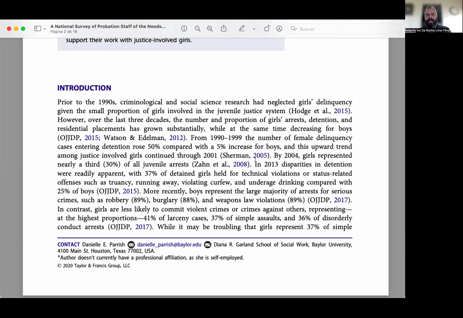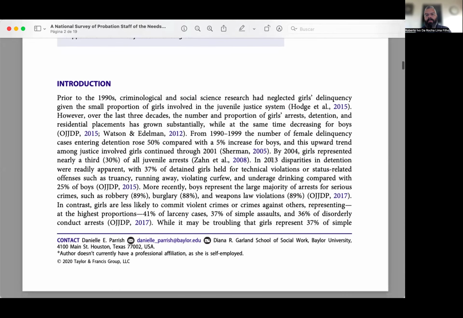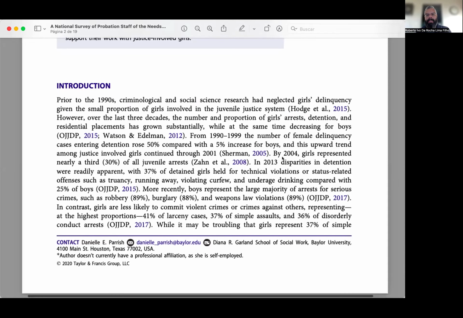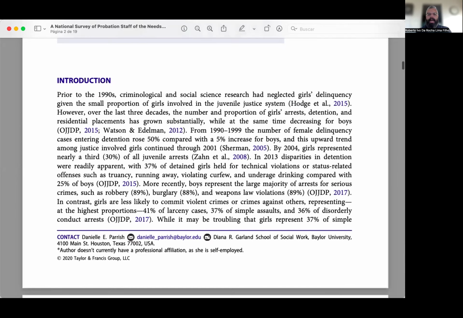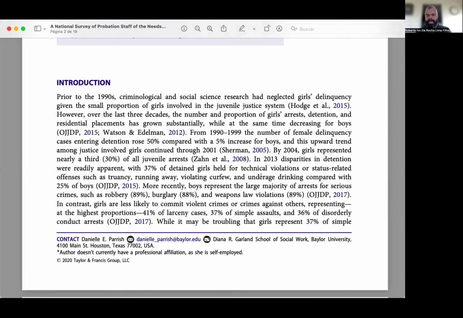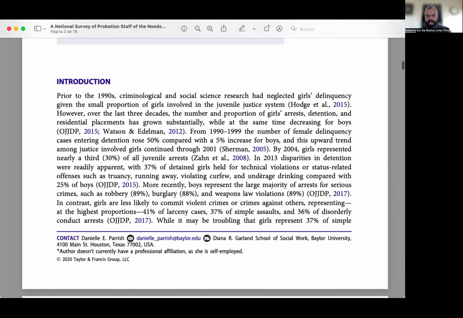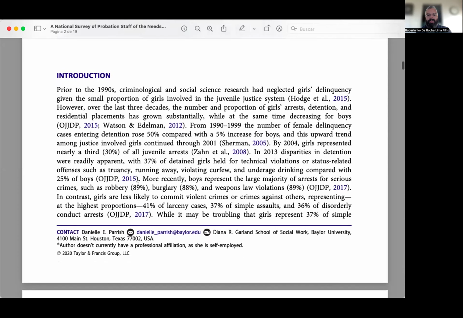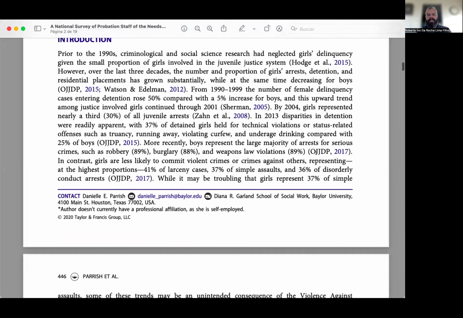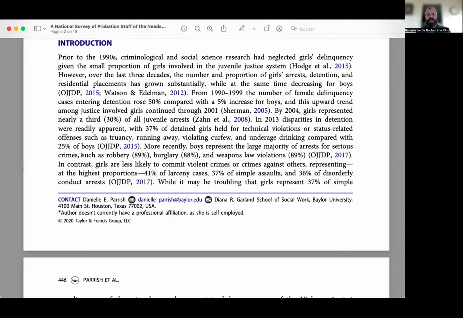At the same time, the author explained the dynamics from 2004 up to 2013, what type of violations there were, the types of crimes, and the percentage of those crimes.